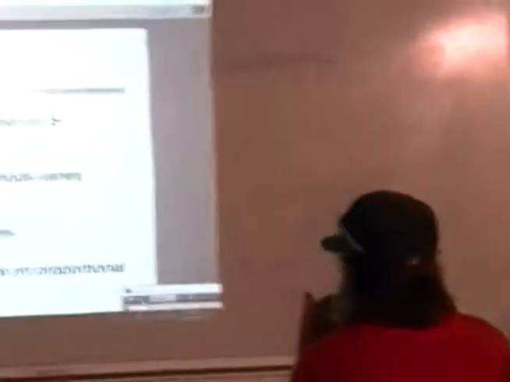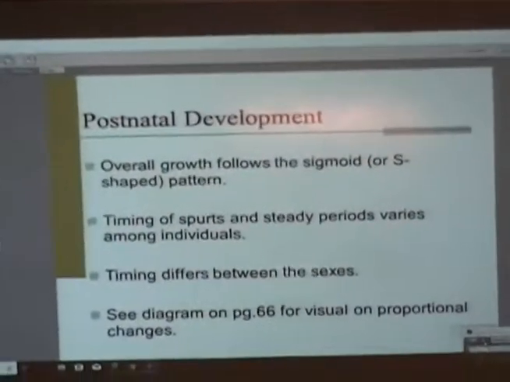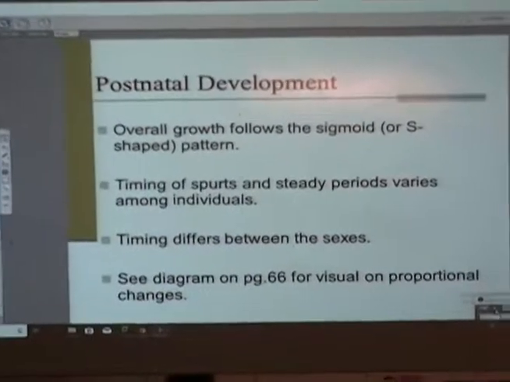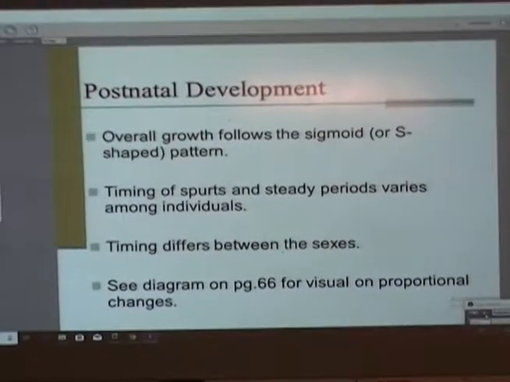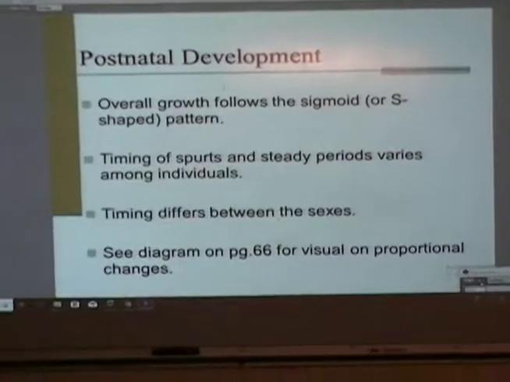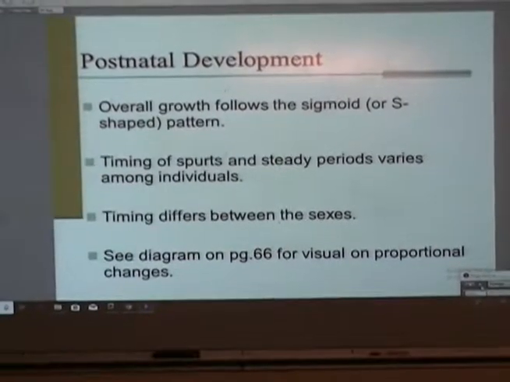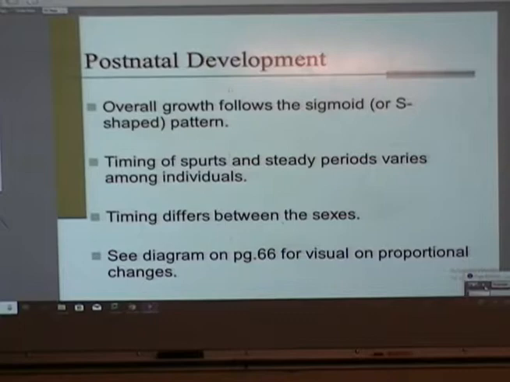So, I'm going to start by talking about the S-shaped curve and what that means with regards to where my growth spurts are once I'm born.